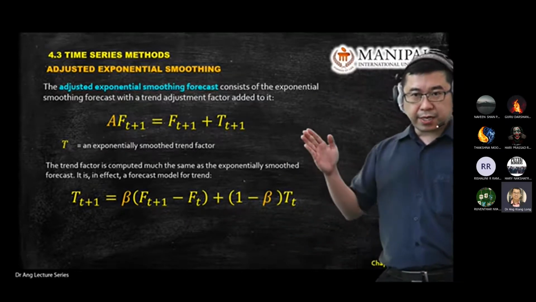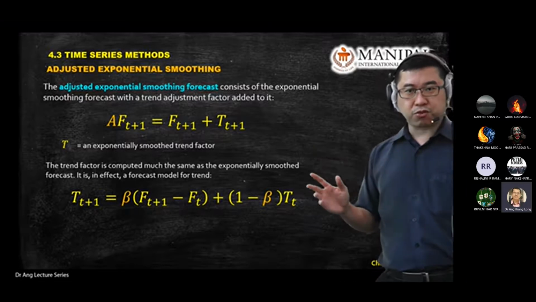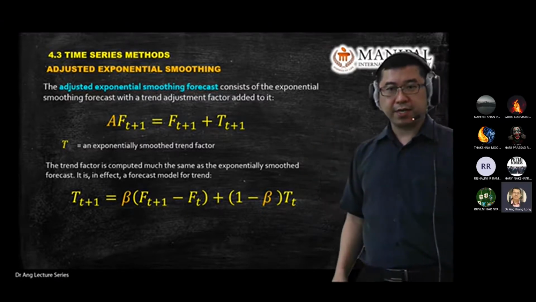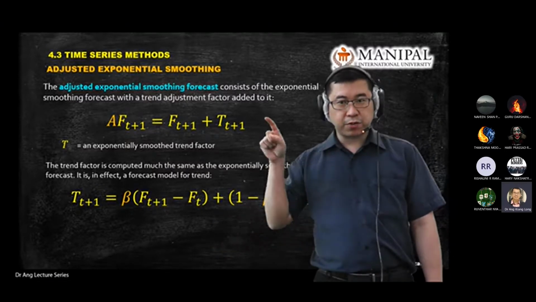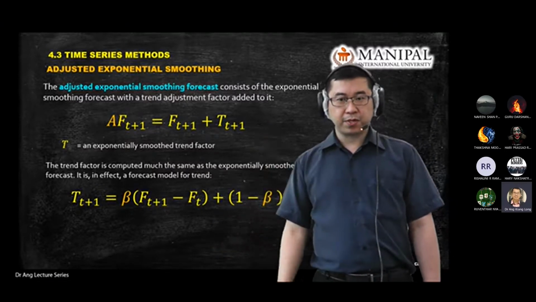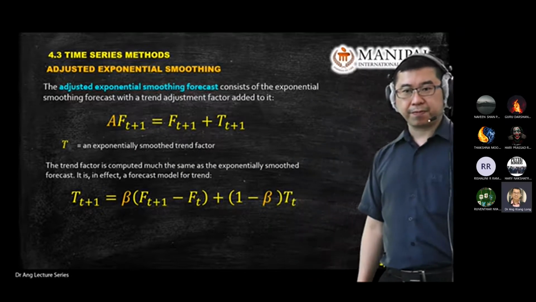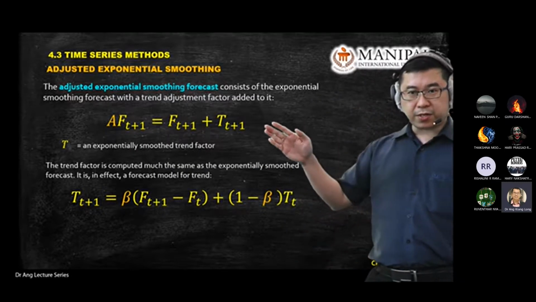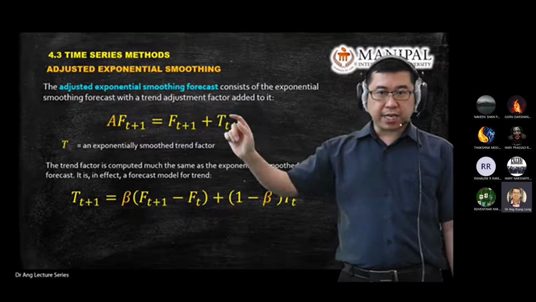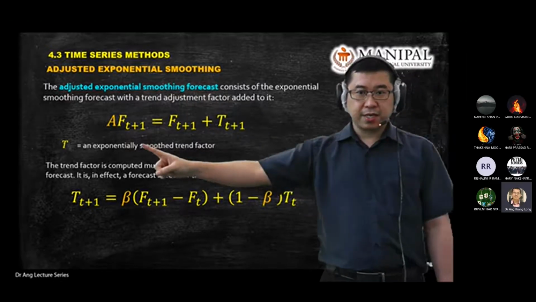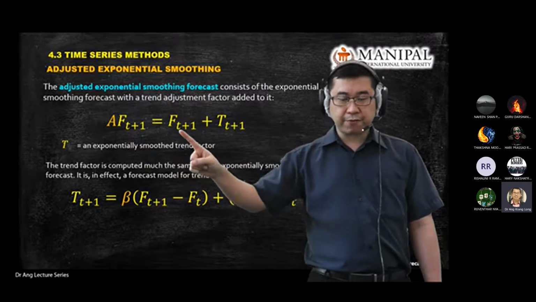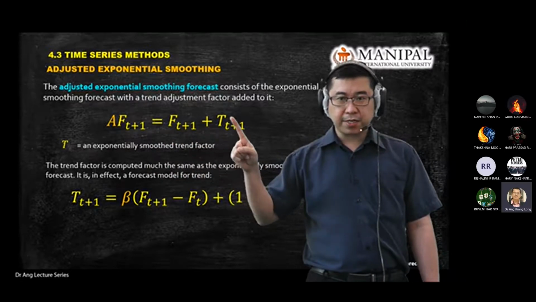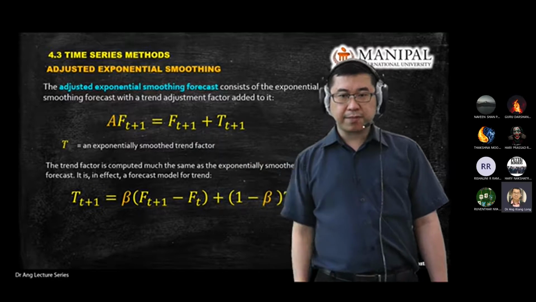A little bit more complex compared to the previous one, but there are some advantages if you use this formula. You will see from the graph later. So just copy this equation: AF t plus 1 equals forecast t plus 1 plus T t plus 1.